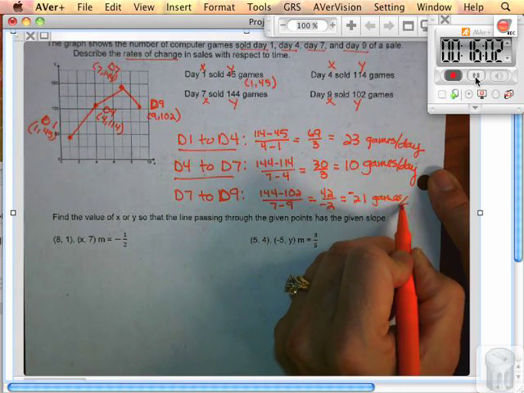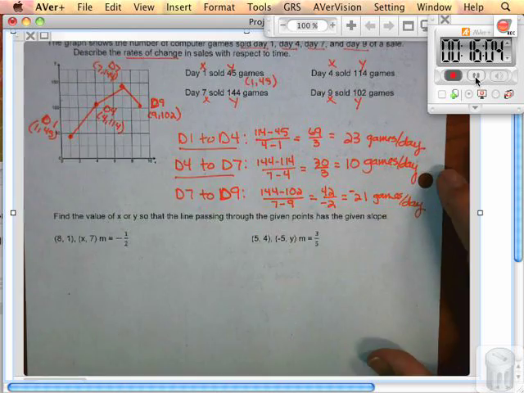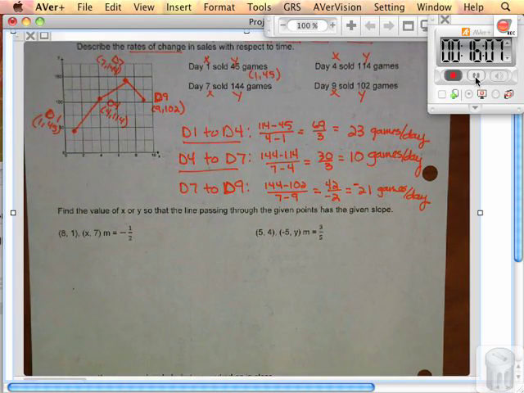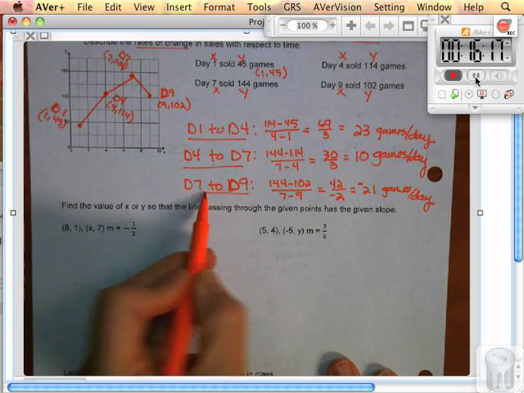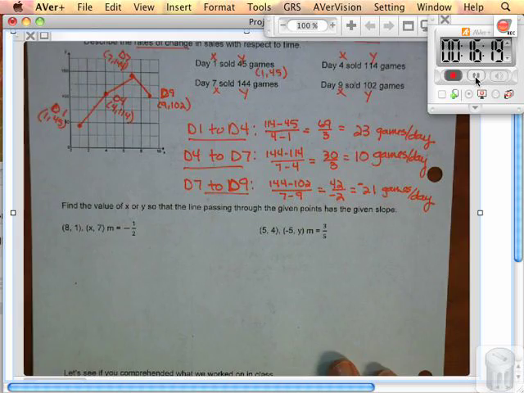Honestly, I don't know what that means to the situation. It just means that they really lost money, apparently. So that's how you do that. You're just comparing the slope between each piece.